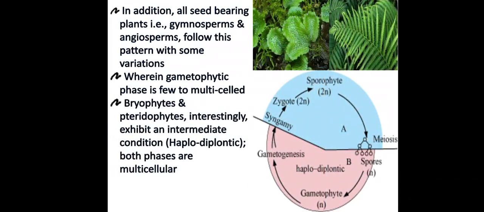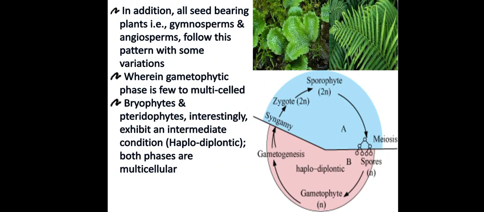In addition, all seed-bearing plants like gymnosperms and angiosperms follow this diplontic pattern of life cycle, wherein the gametophytic phase is few to multicelled. Bryophytes and pteridophytes exhibit an intermediate condition which is haplodiplontic, where both phases are multicellular.